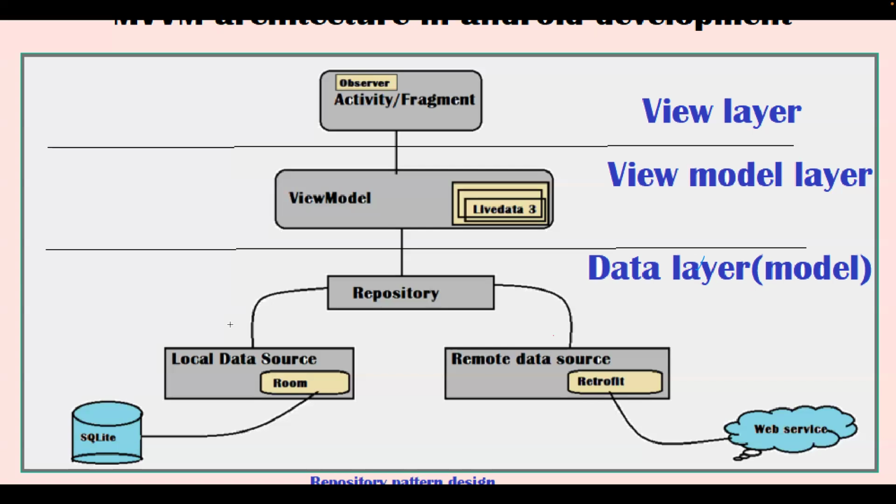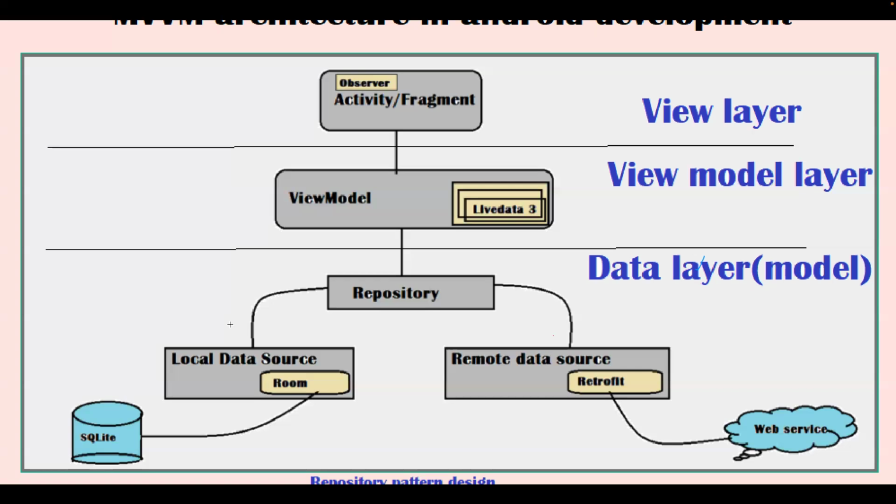So this is the total diagram of the application. Please keep this diagram in mind. Any feature is divided into three parts: view, view model, and repository and services layers.